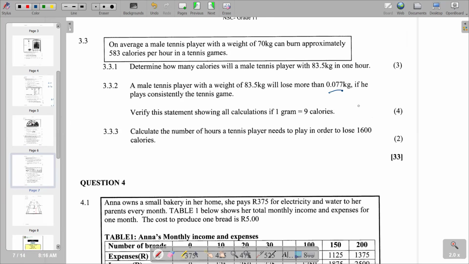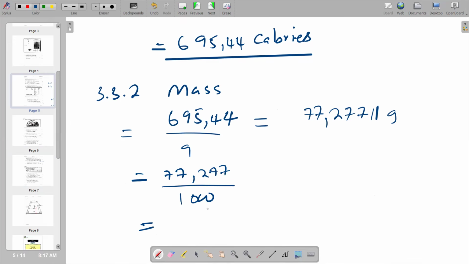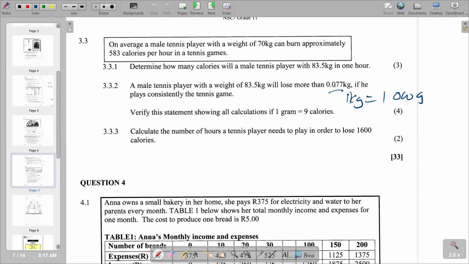If it's more than 0.077 kg, and we know that 1 kg is equal to 1,000 grams, we now say 77.2 divided by 1,000, and we find 0.0772. Put to 3 decimal places, it becomes 0.077 kg, which is 0.077.